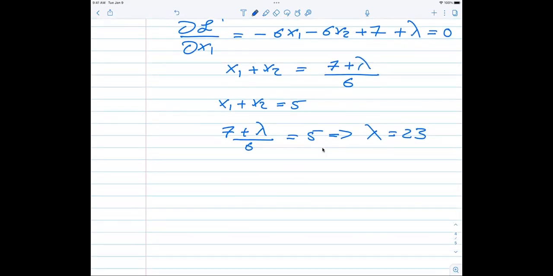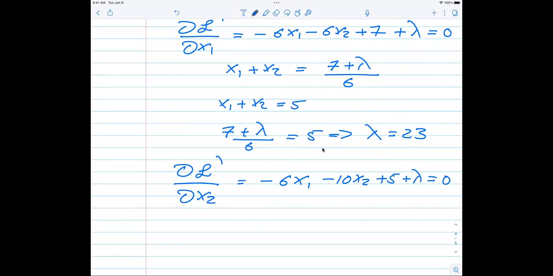The next thing I do now, I take my d of this L prime with respect to x2 here, and that gives me a new equation, which simply reads 6x1, and then I have minus 10 of x2 plus 5 plus lambda, and this is equal to 0.